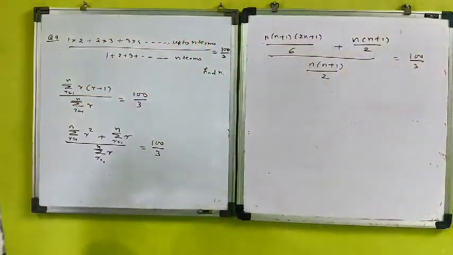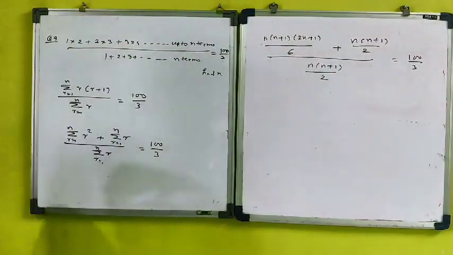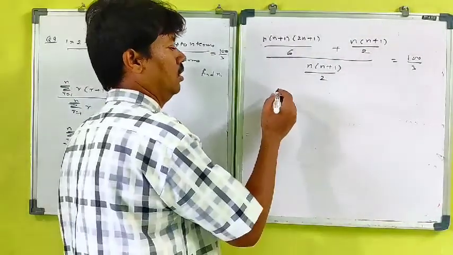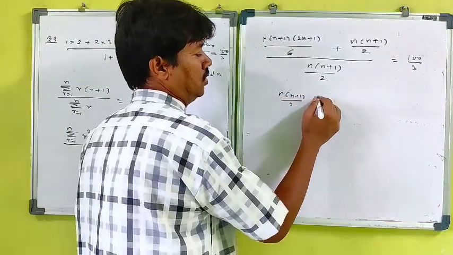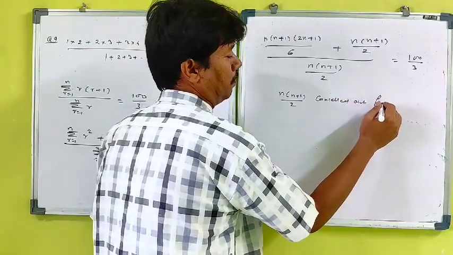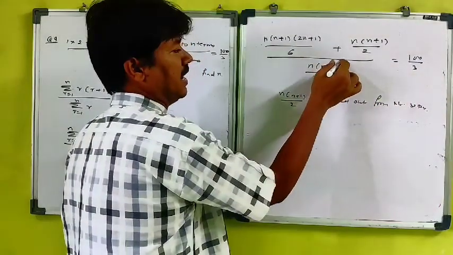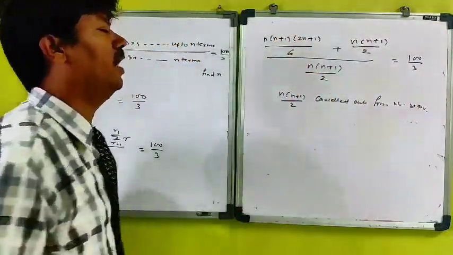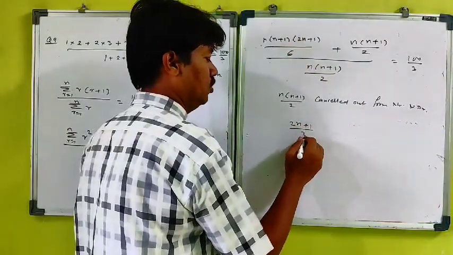So n plus 1 upon 2 is common and cancelled from the numerator and denominator. So n plus 1 upon 2 cancels out from numerator as well as denominator. What remains there? 2n plus 1 upon 3.